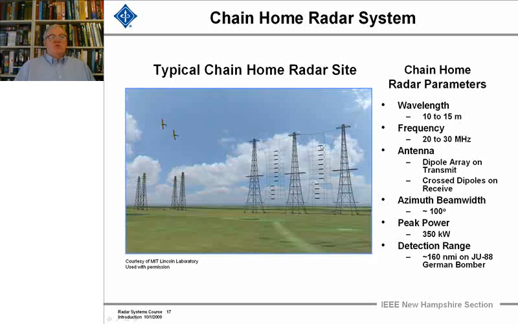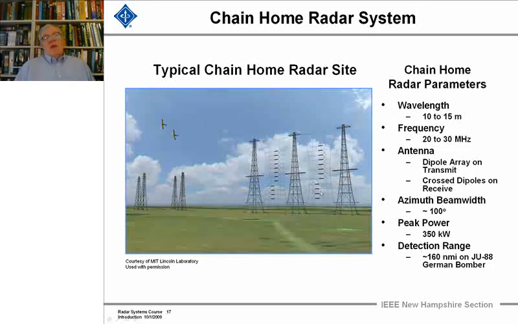This is the transmit antenna, and the very dark lines are the active elements strung between the towers. The antennas were built in duplicate for backup. And then these were made of steel, and then a set of wooden towers held crossed dipoles, high and low, which were used to receive the backscattered signal.